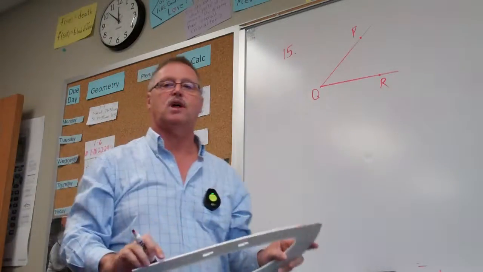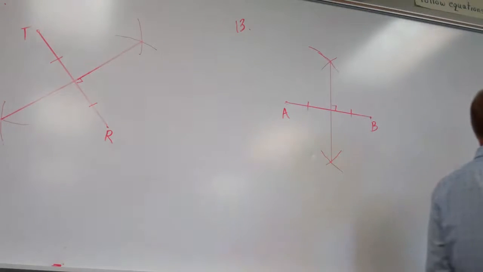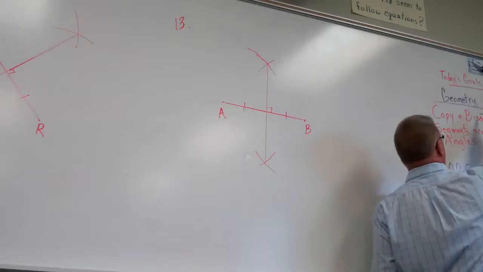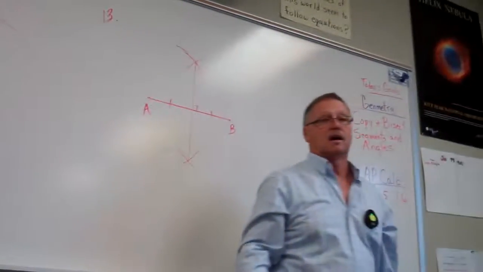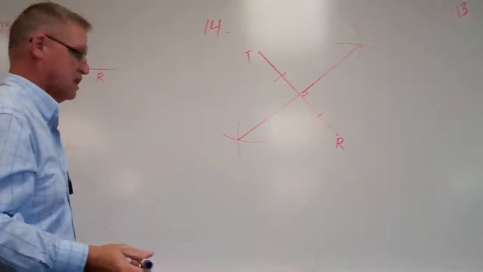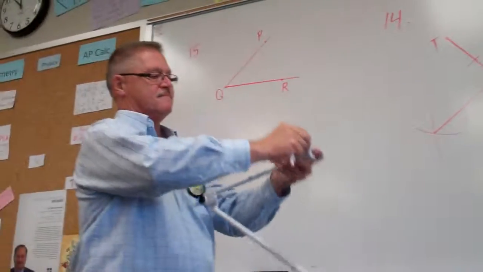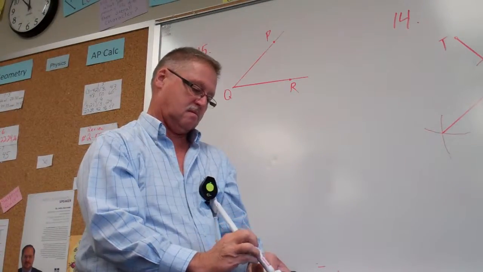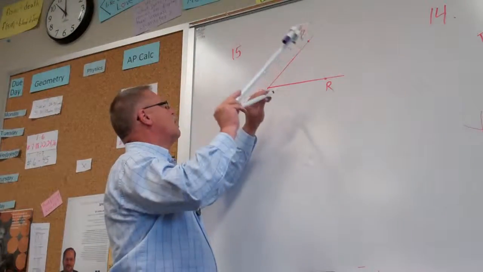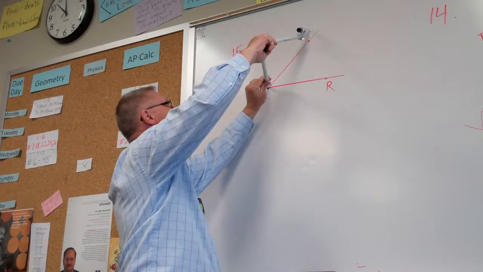That's the last thing that we have to learn today. We had to copy a segment, bisect a segment, copy an angle, and bisect an angle today. And then this will complete our learning. Bisect an angle. Grab your compass. Make a nice arc right through your angle.